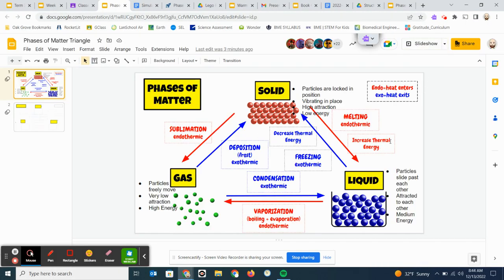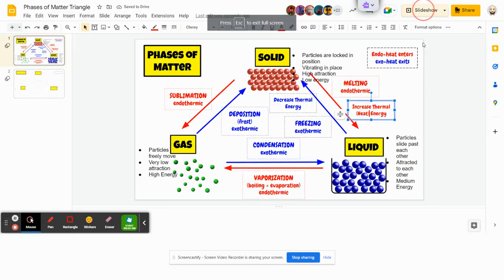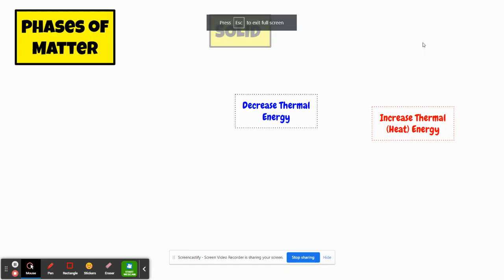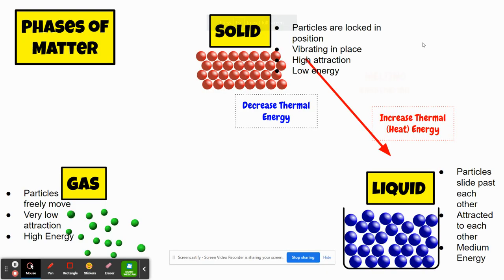I think I'm going to add that in really quick. Increase thermal. Thermal means heat, so heat energy. That's what that box represents: we have increased the thermal energy. All of the red arrows are showing that it is increasing thermal energy.